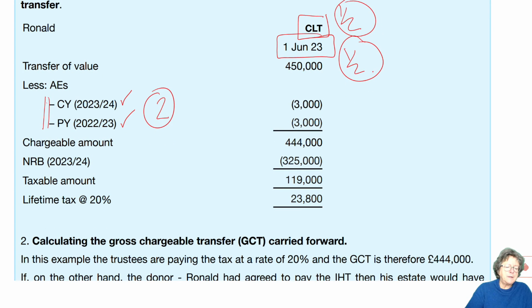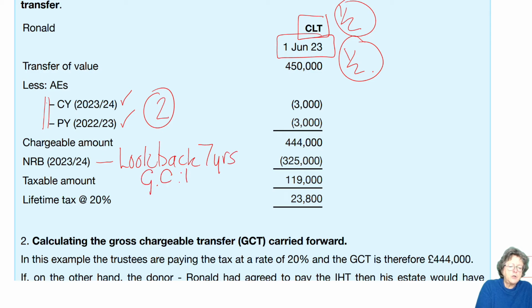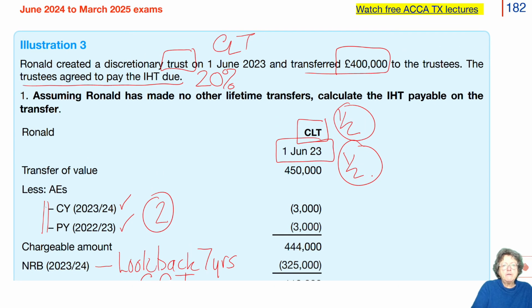Now the nil rate band for 23-24 is 325,000. It is important that when you do this, you look back 7 years to see if there are any gross chargeable transfers in that 7 years that reduce that 325,000. Obviously from the question, there is nothing there.